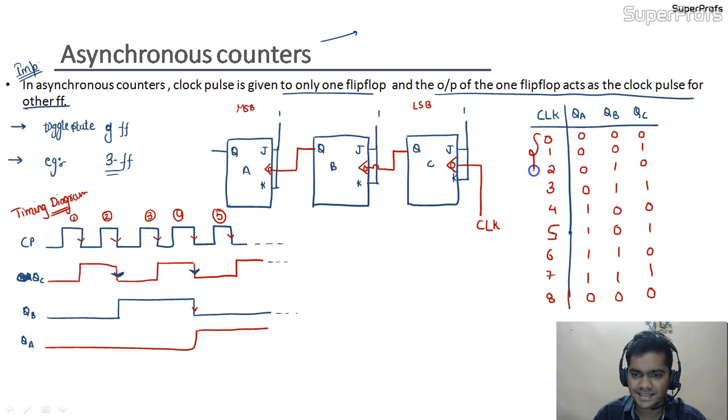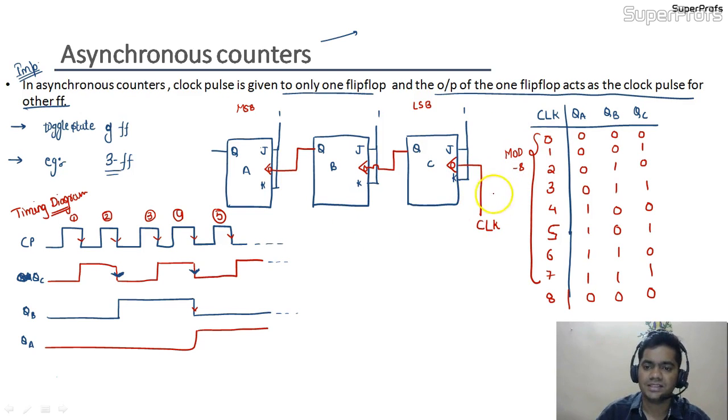So the number of states available using this up counter is 8. So this is a mod 8 counter. This is also known as a binary counter.